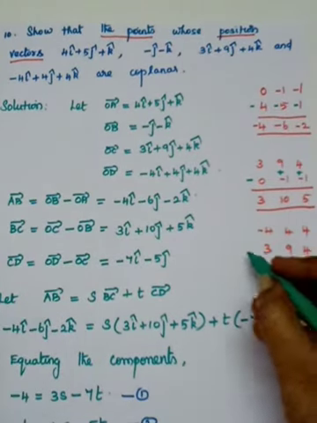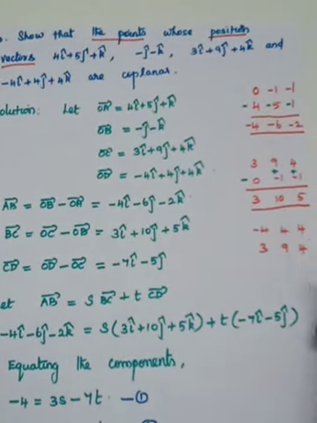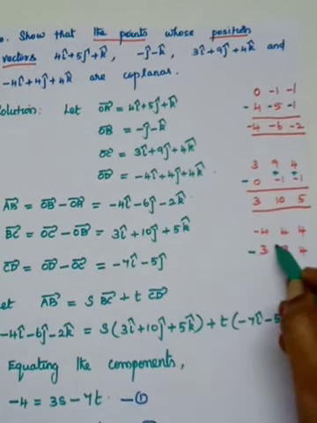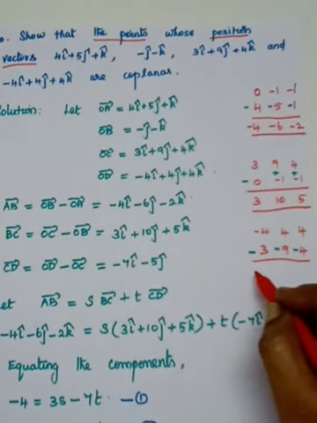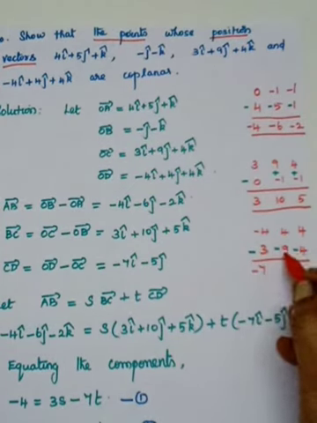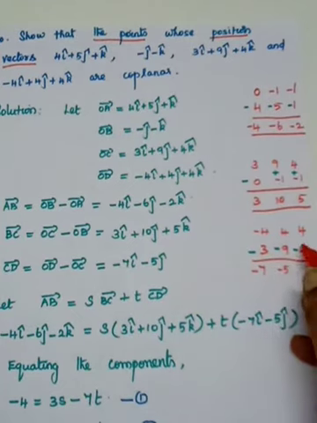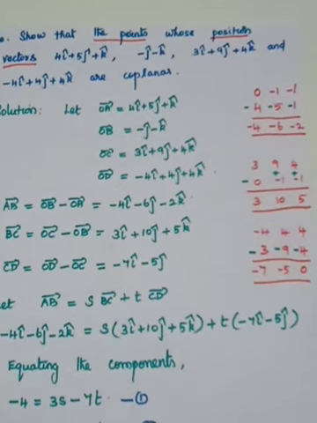Subtraction, so you have to change the sign. So it will become minus here, here also minus, here also minus. So if you do that, -4 minus 3 is -7, 4 minus 9 is -5, and 4 minus 4 is 0. So it can be written as -7i cap minus 5j cap.